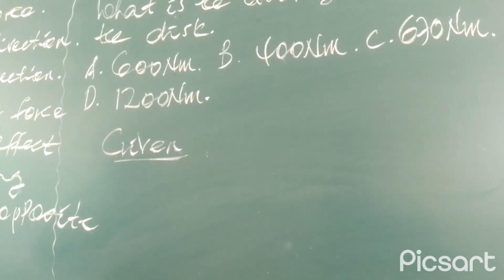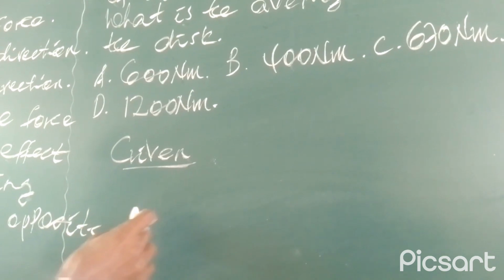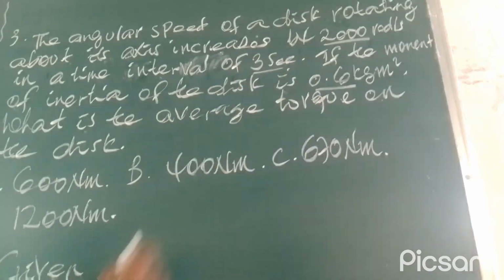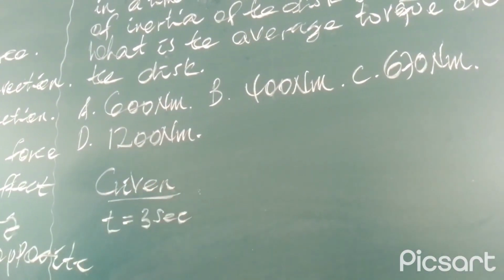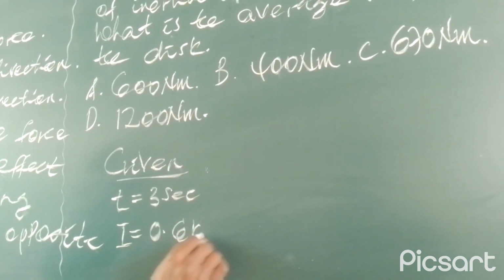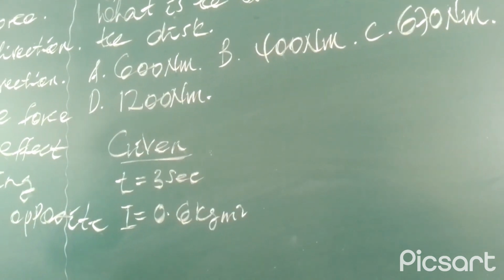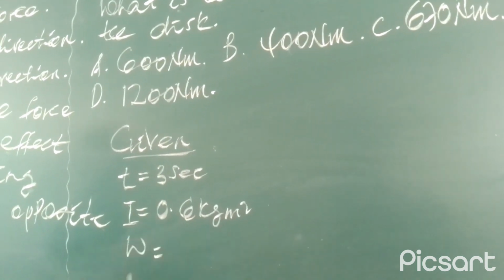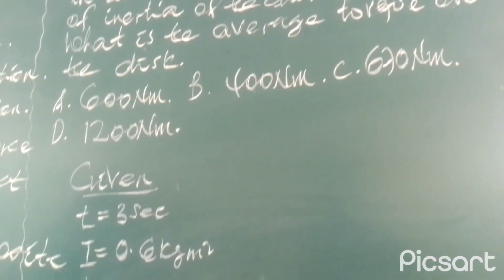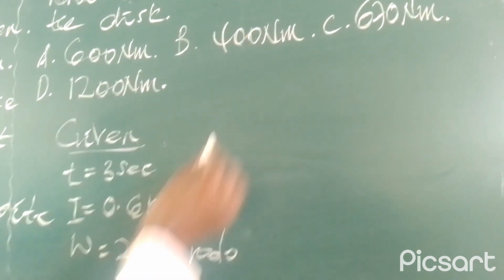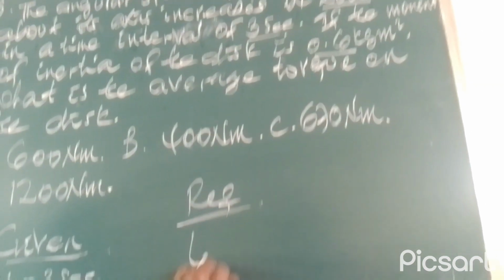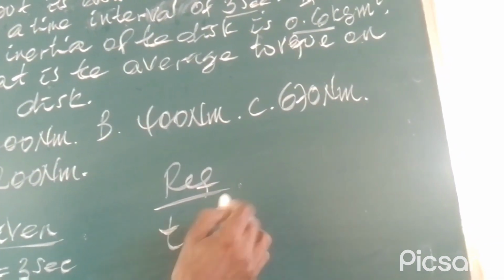The given is: time equals 3 seconds, moment of inertia equals 0.6 kilogram meter squared, and the change in angular speed is 2000 radians per second. The requirement is the torque.